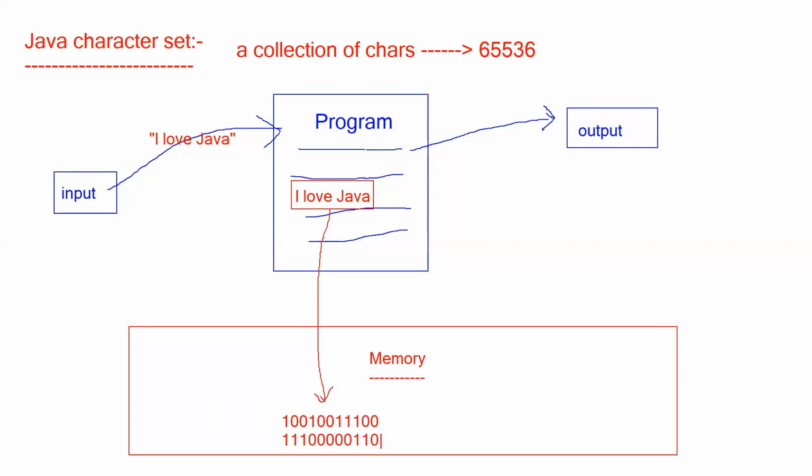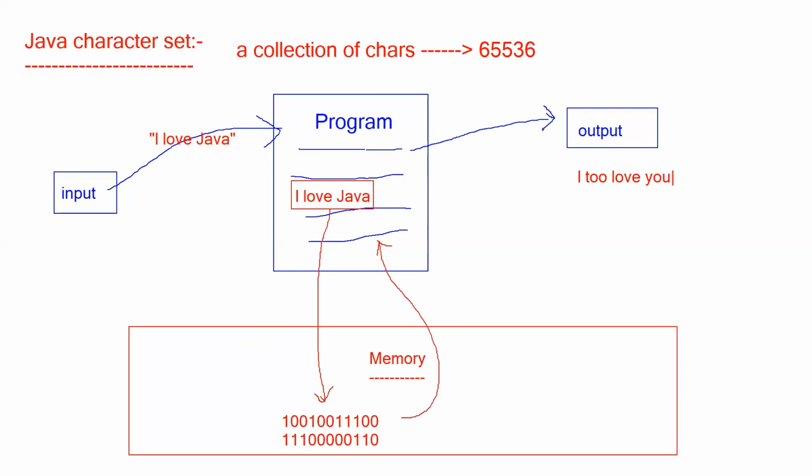There will be a lot of binary numbers. Not only that, it has to process the data in the memory and generate some output. Let us assume the output message it should generate is "I too love you".